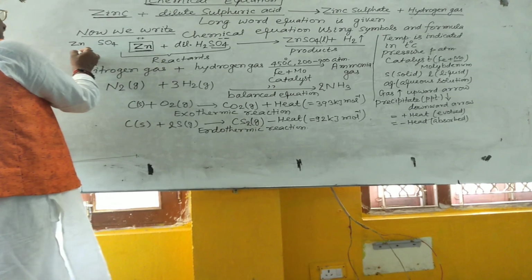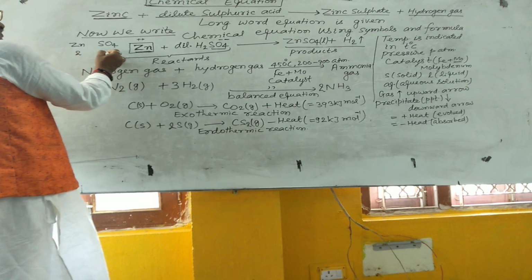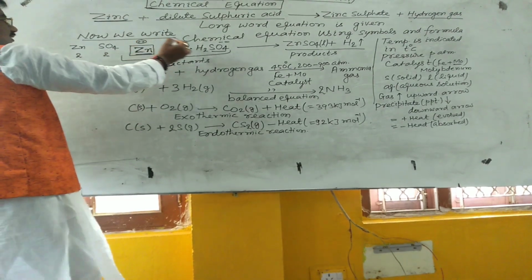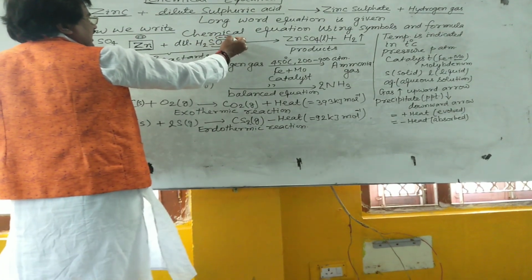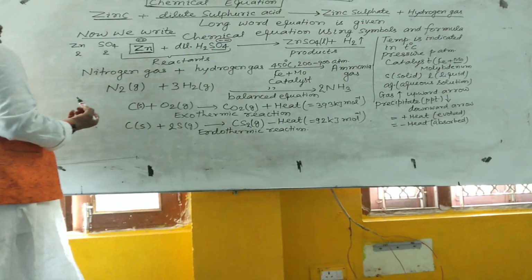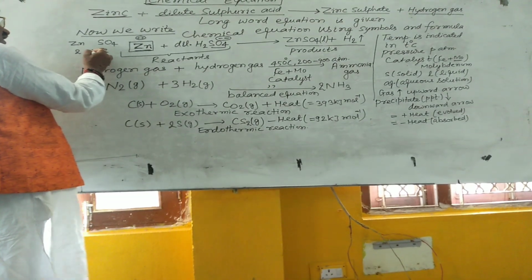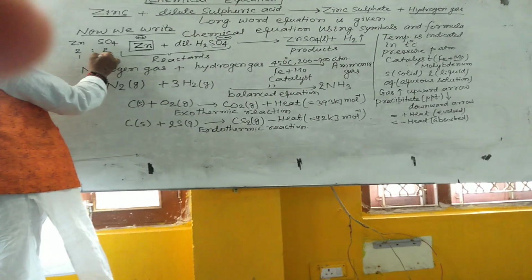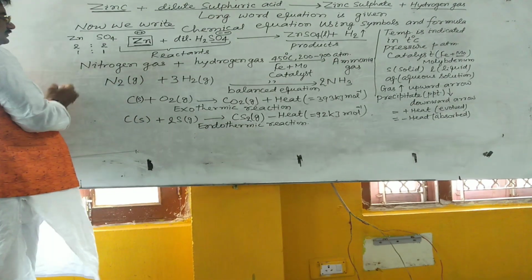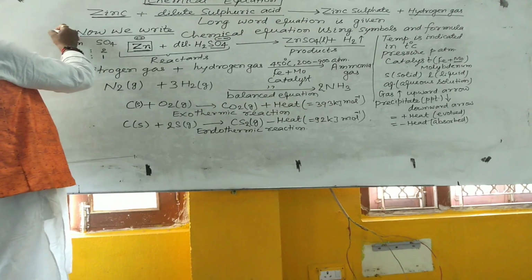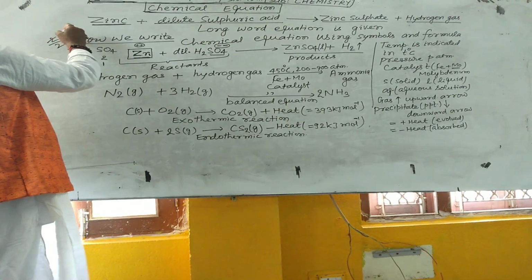You know the valencies of Zn and SO4; they can be found with the help of the given charge on them. If it is possible to get a ratio, then we get 1:1, like 2 divided by 2, 1 and 1.